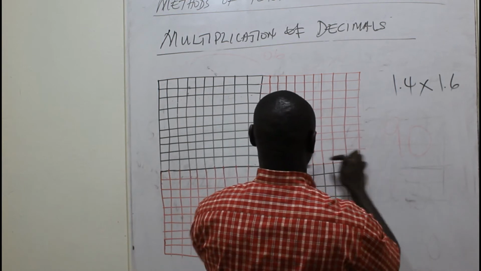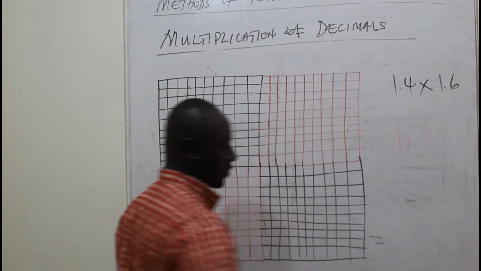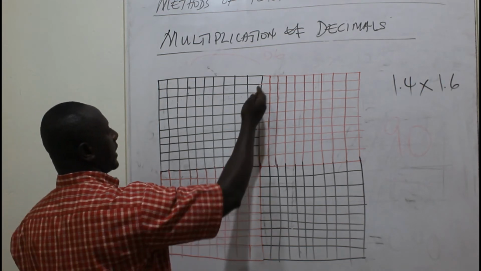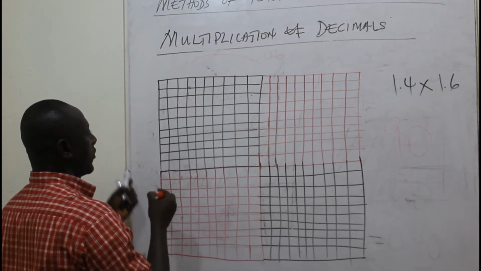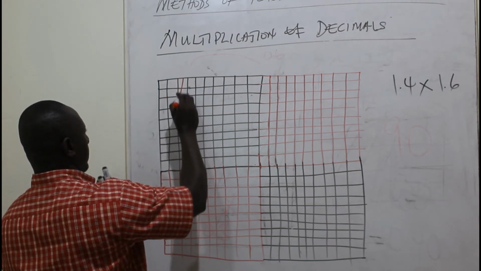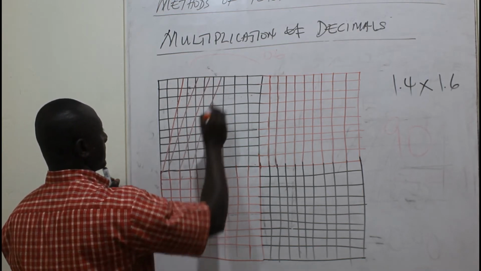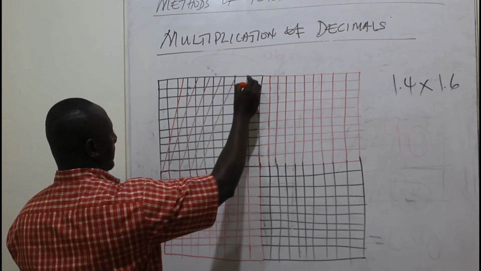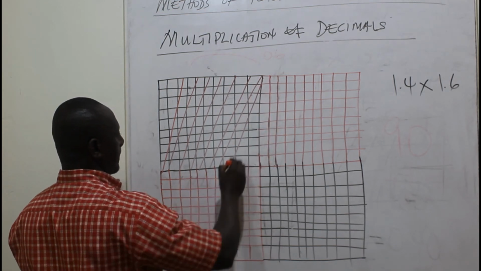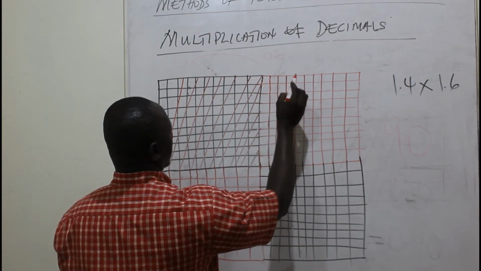This is also giving you a whole. This is also giving you a whole. And this one too is giving you a whole. So for the 1.4, I'll need a whole, which means that I am going to shade the whole of this. And then 1, 2, 3, 4.